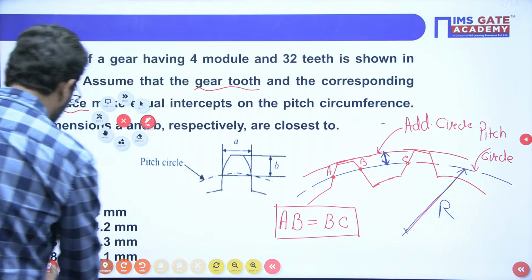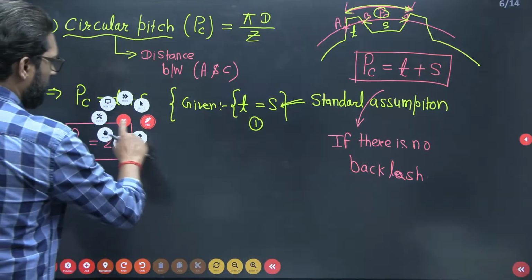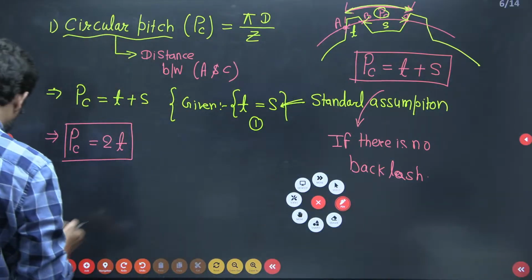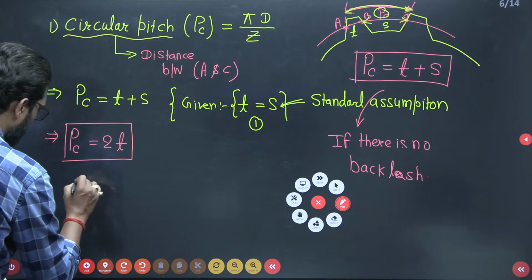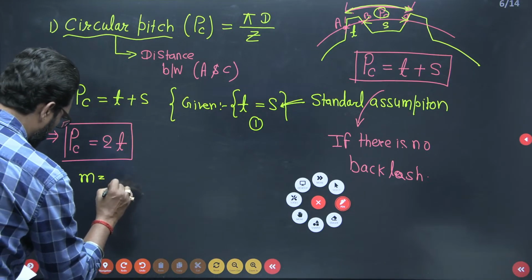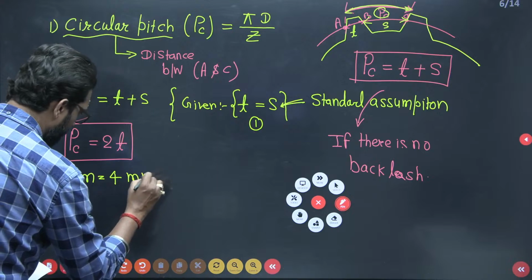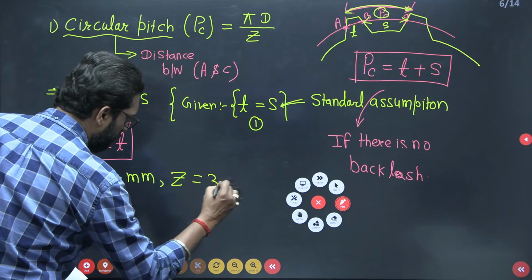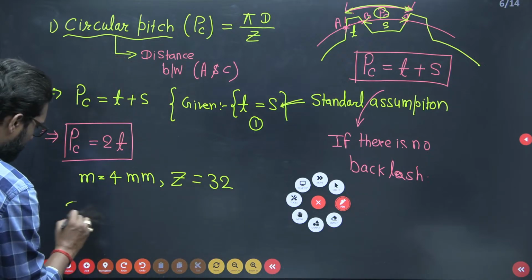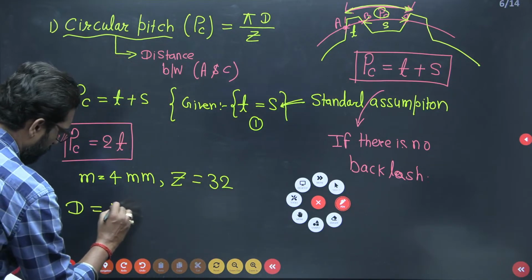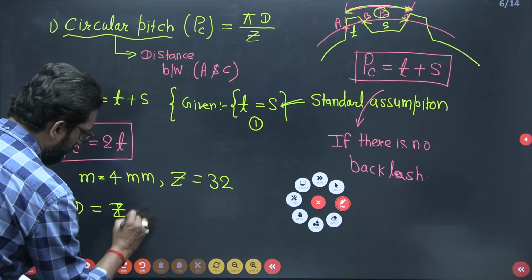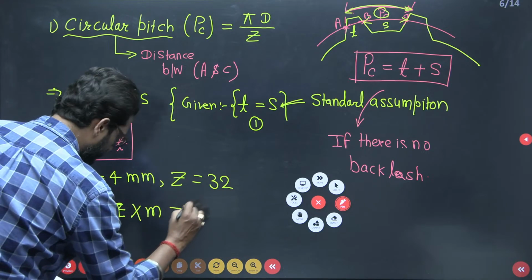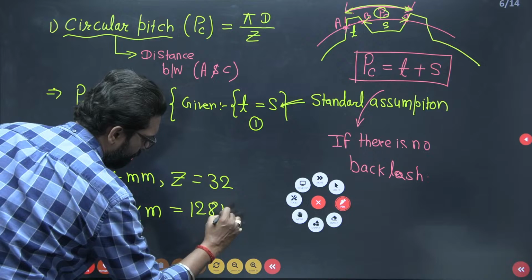So we have to find, that means, what is that? Module is equal to 4 mm, it is given. Teeth is equal to 32. So what is the diameter? T into m, that is 128 mm.